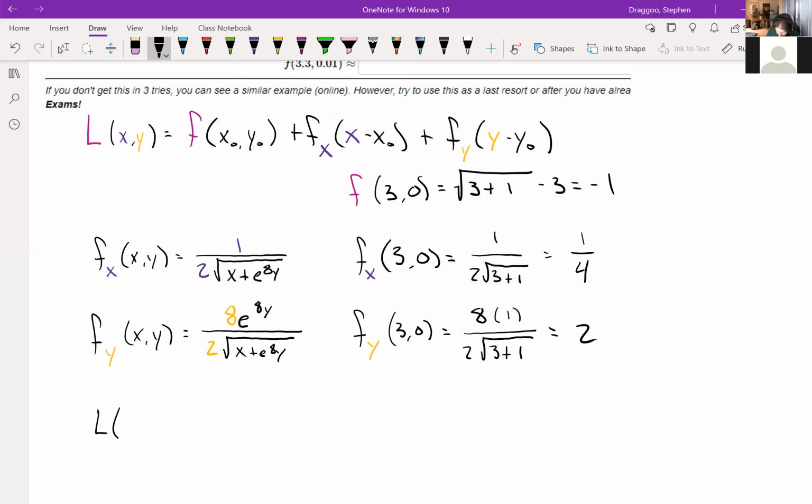So L of xy is going to be -1 plus 1/4 times x minus x naught, x minus 3, there we go, plus 2 times y minus 0. That's my linearization in general terms.